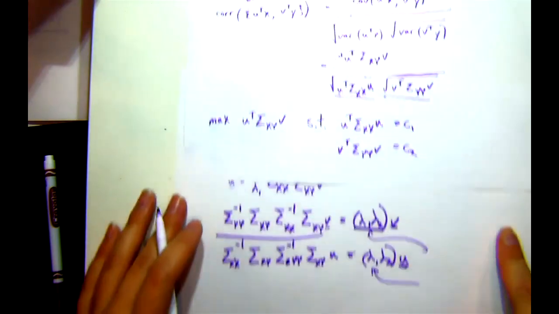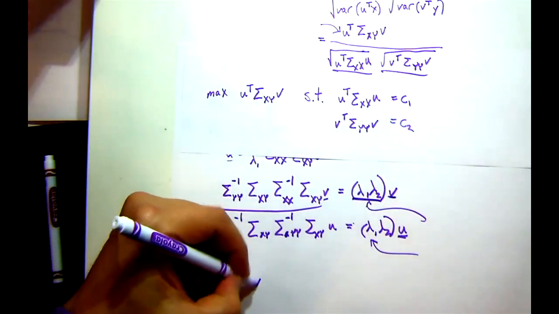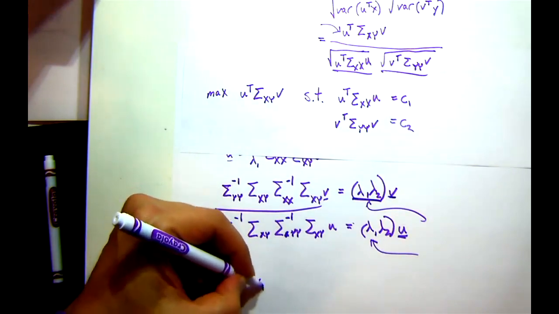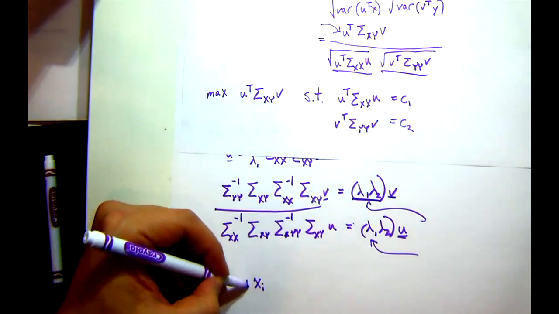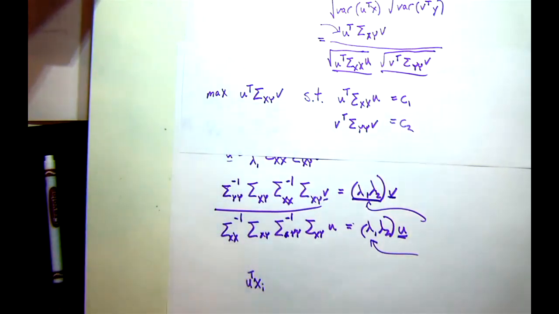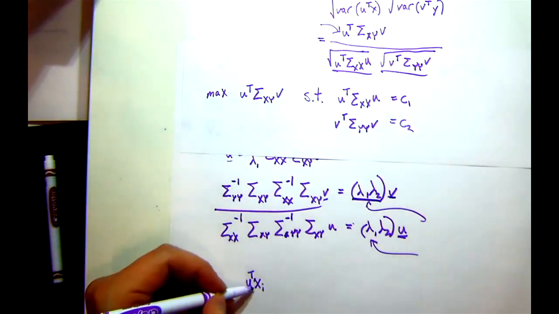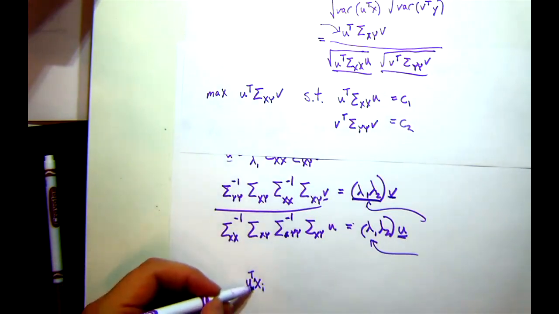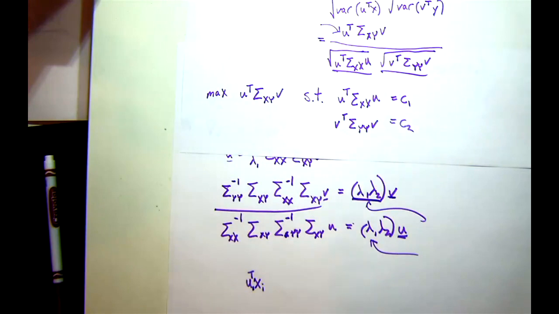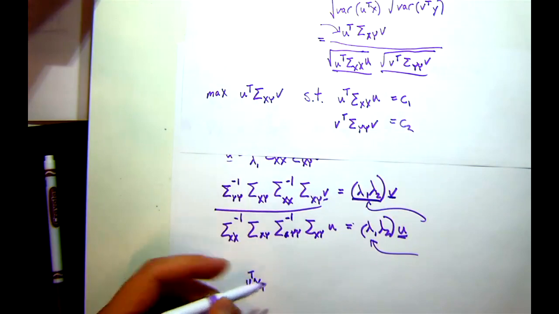So if we go back to our original x's, we'll have an xi. We would take u transpose times xi. The first new feature in our data set is going to be from the first eigenvector. So we're going to project into a new space, and this will be the first value.